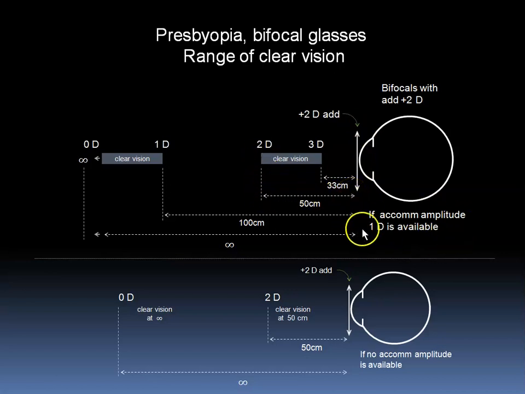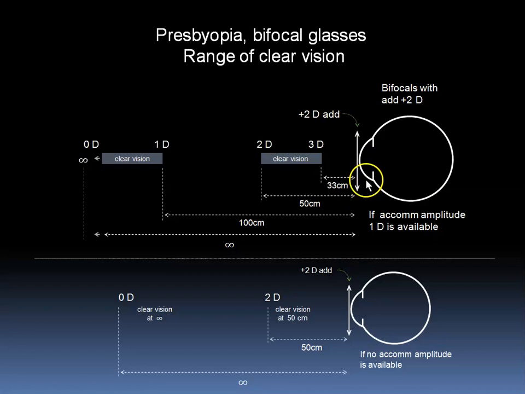If accommodating 1 diopter, one can add 1 to the number 2, and one is able to have an extra 3 diopters so that one can see divergent light of -3 diopters. In other words, an object that is 33 centimeters away. This person can see through the reading glasses from 50 centimeters to 33 centimeters, depending on the amount of accommodation.